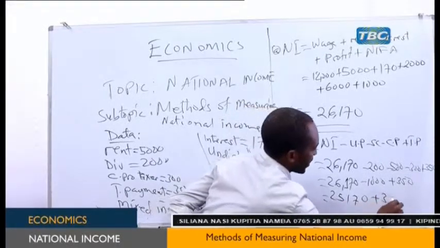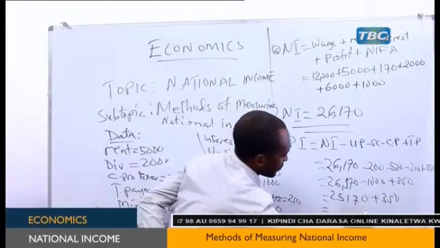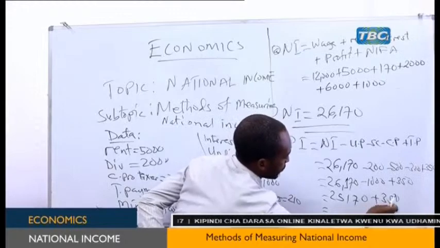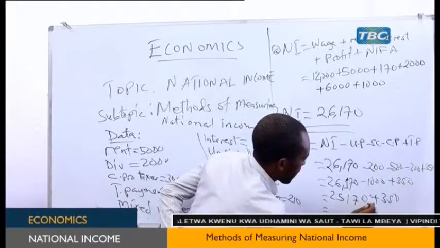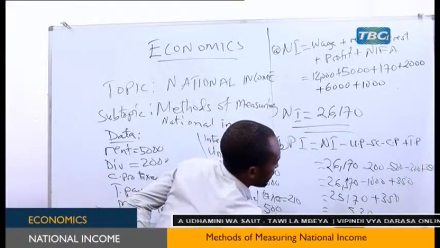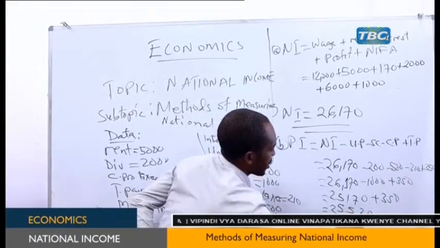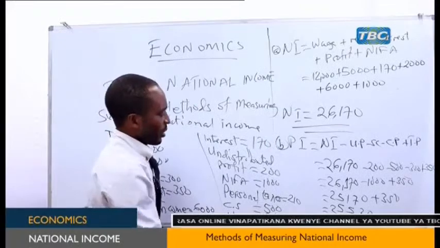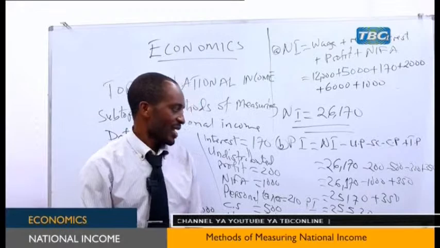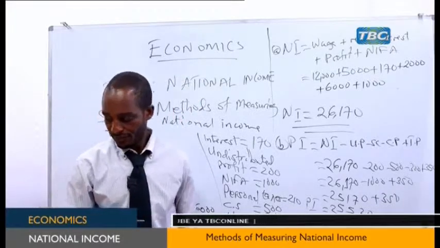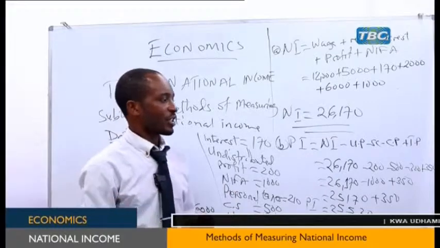Then you add 350, and the personal income will be 25,520. Now let us calculate the personal disposable income.